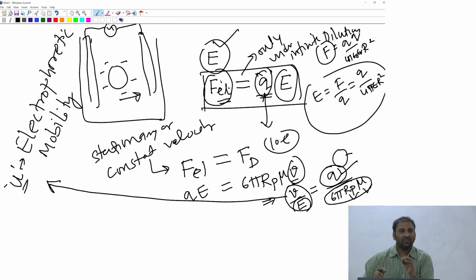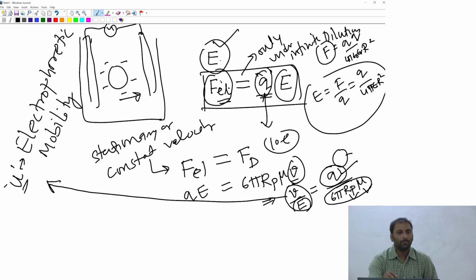That means the number of charged particles that you have in solution should be very, very few, because if there are a lot of particles next to each other, the motion of one is going to be influenced by the other as well. So you would have to avoid that.